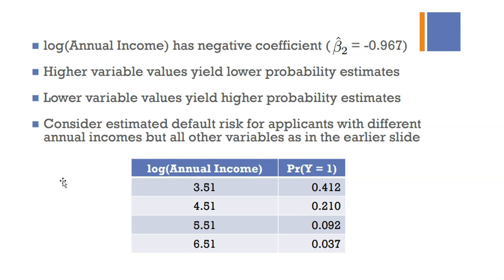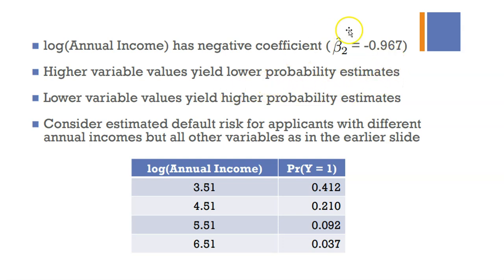Another example is the log of annual income, which has a negative coefficient. Let's see how we can interpret it. A higher variable value yields a lower probability estimate, or lower risk of default.